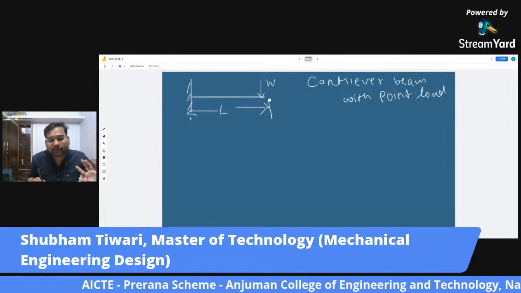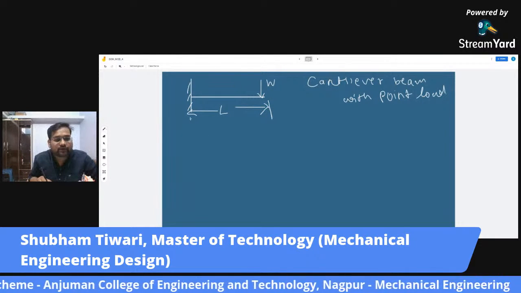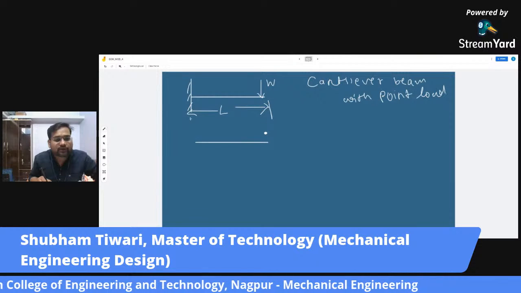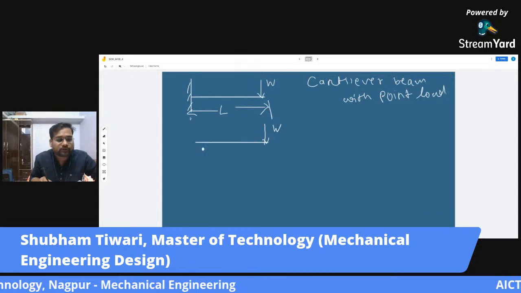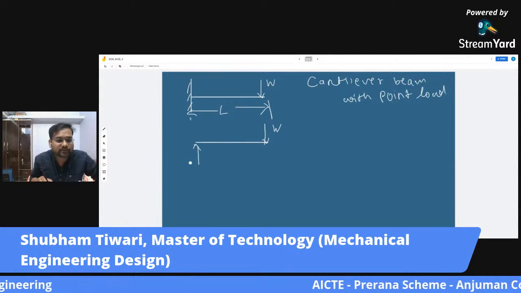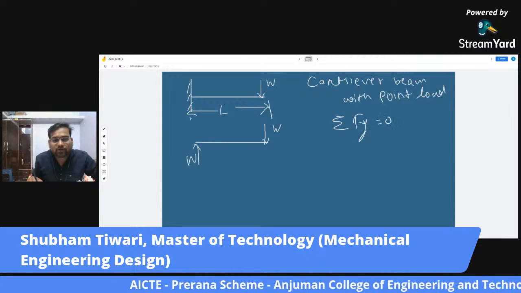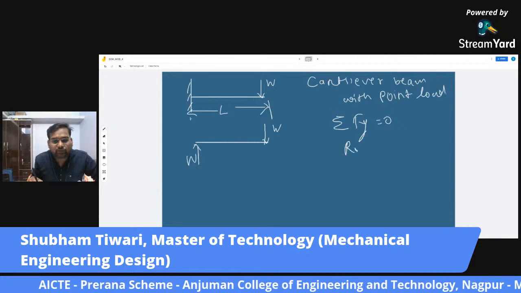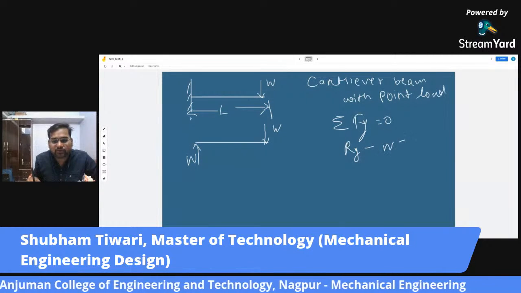Now I have to draw a shear force diagram. So first of all, I will draw the FBD, free body diagram. W. So there is one reaction in y direction. If we do summation Fy equals 0, then Ry, reaction in y direction, minus W, acting in the downward direction, equals 0.